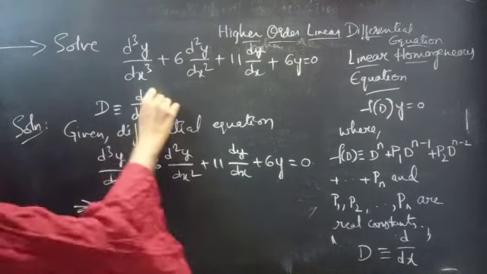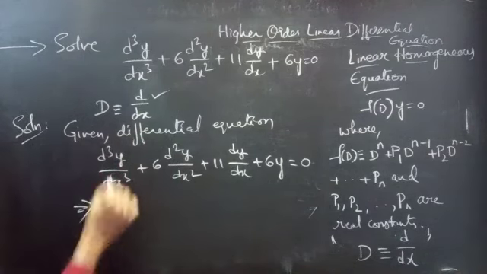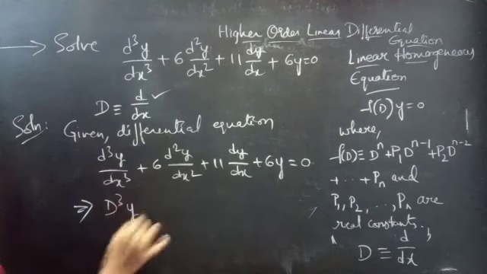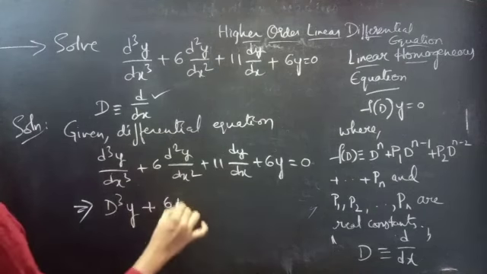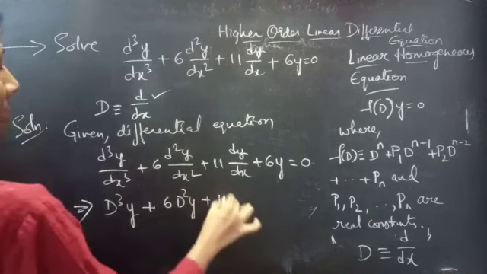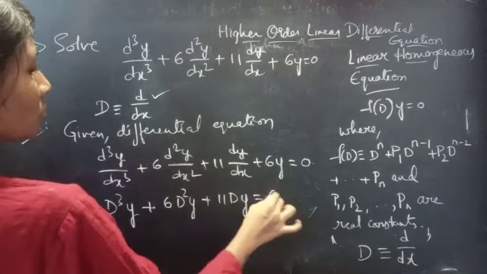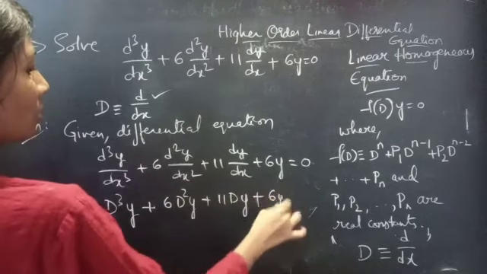Okay, now use this, then you can write the above equation as D cube y plus 6D square y plus 11Dy plus 6y equals to 0.